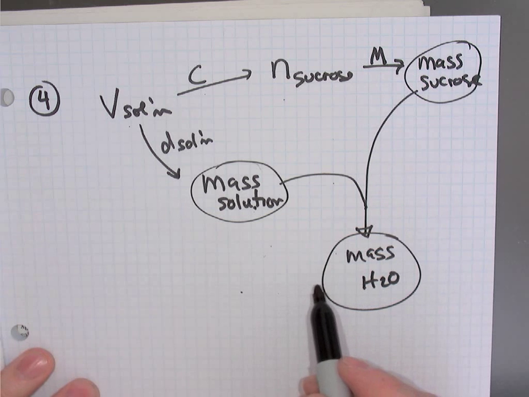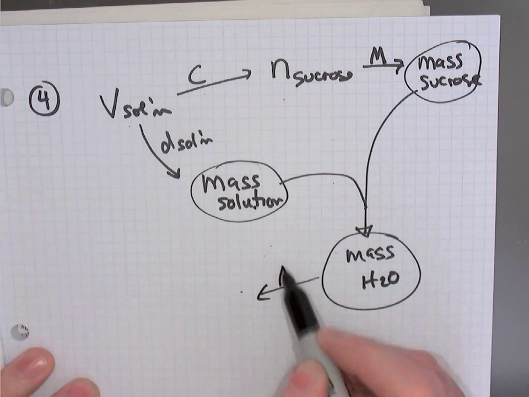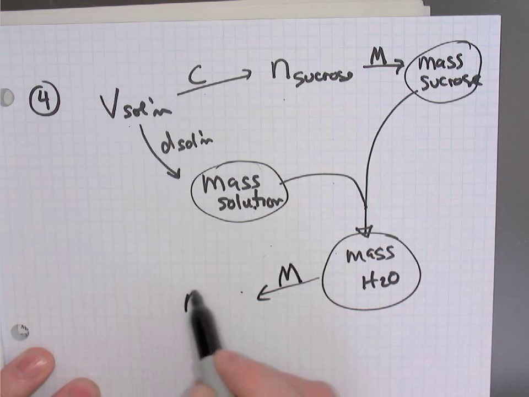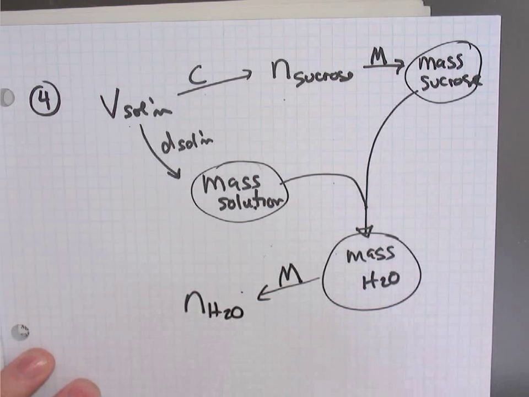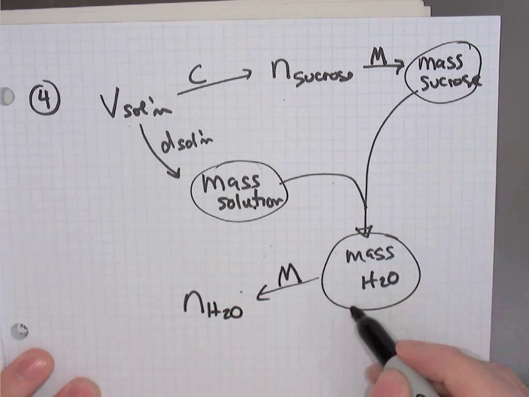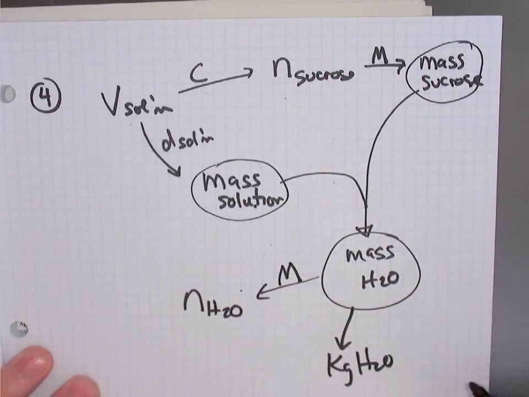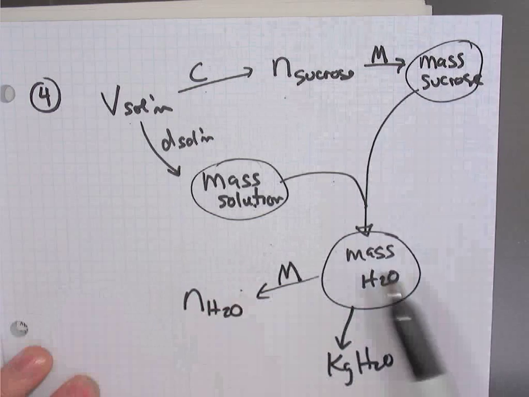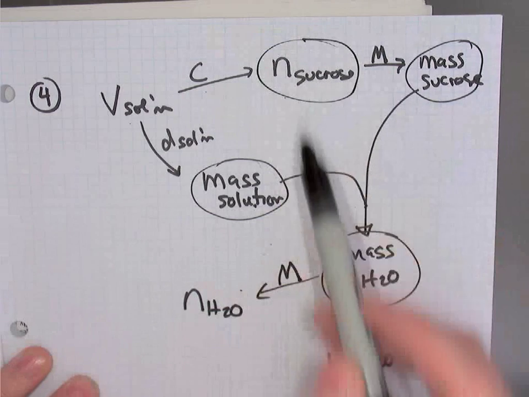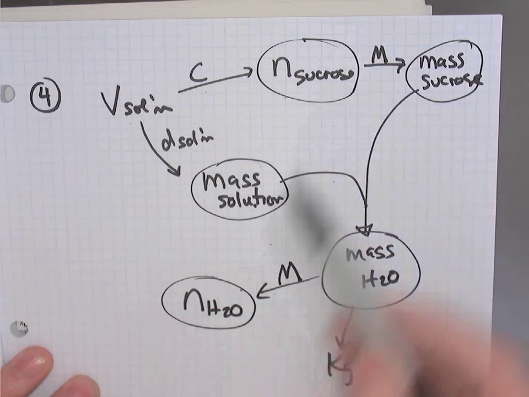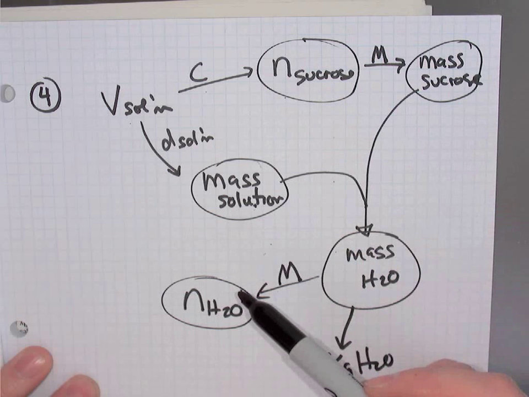The mass of the water we could convert using its molar mass to moles of water, and mass of water we could convert to kilograms of water also. I think that that's everything we're going to need. To find the mole fraction, we'll have moles of sucrose and moles of water. That's going to let me find mole fraction.